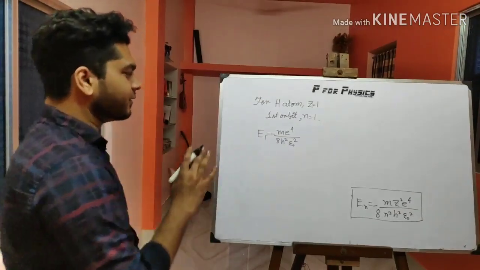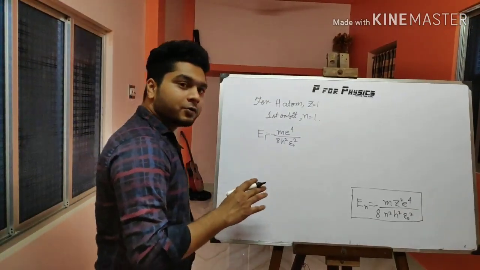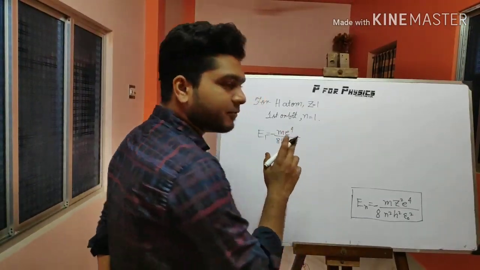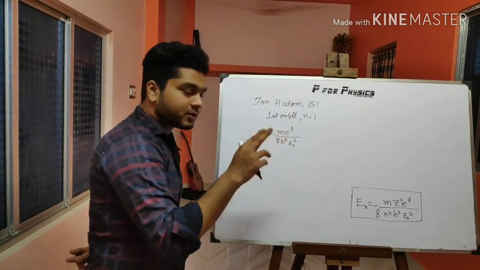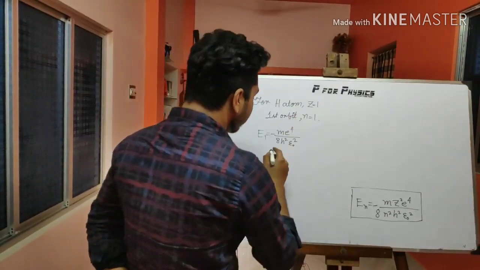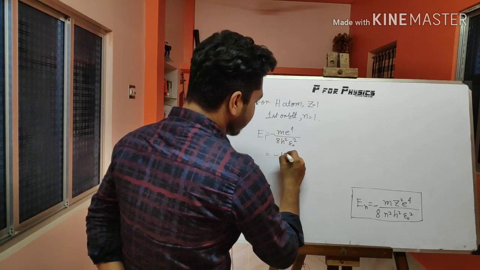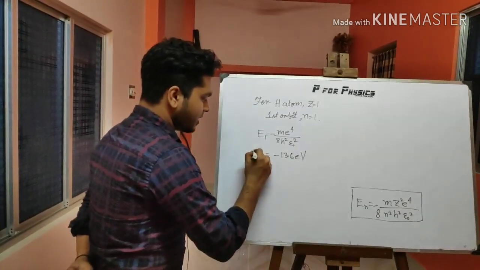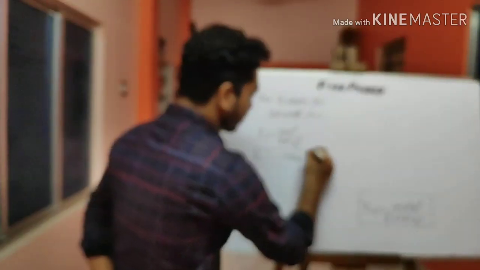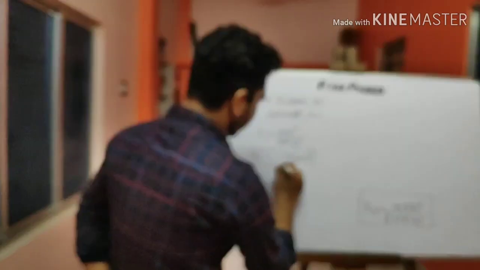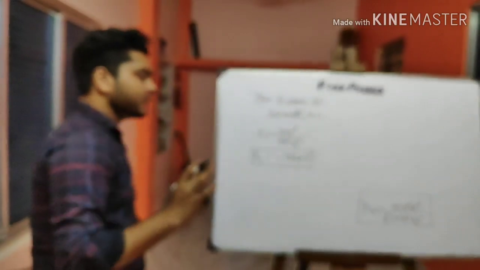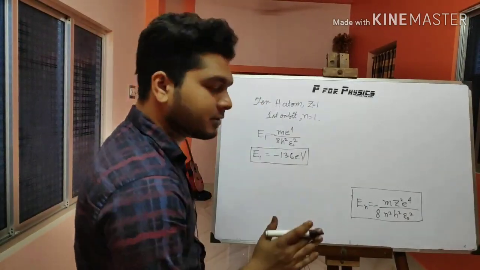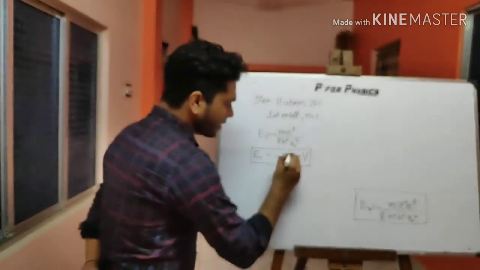Now you need to memorize this value very carefully, not this expression but the value. If you put the values, you will get negative 13.6 electron volt. This thing is very important. You need to write it down in your head, minus 13.6 electron volt.